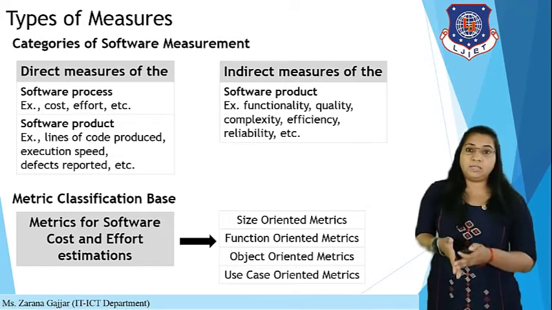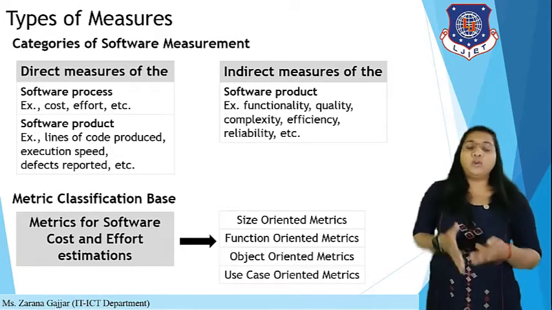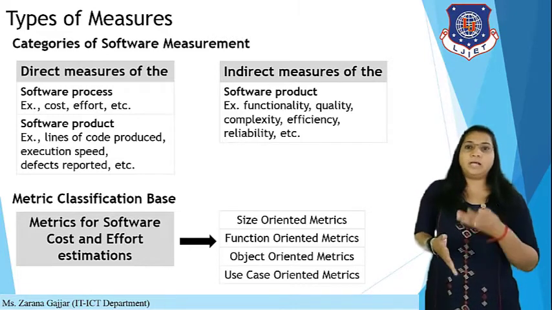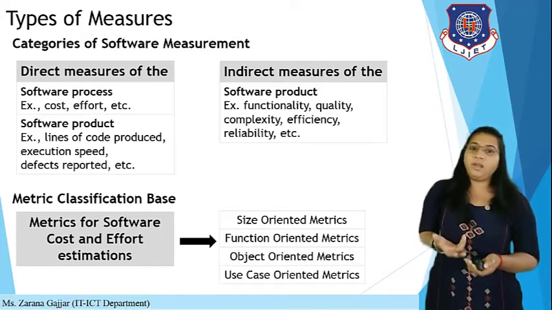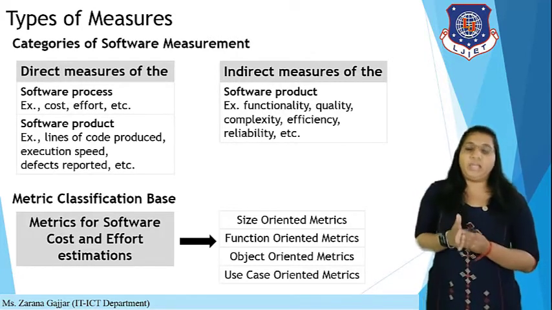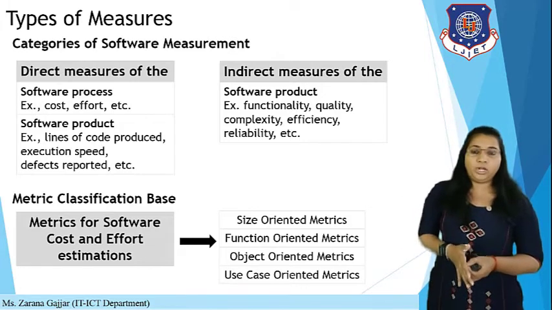Indirect measurement of the software product refers to aspects that are not immediately quantifiable or measurable, for example functionality, quality, complexity, efficiency and reliability. So these are the two categories of software measurement, either direct or indirect measures.